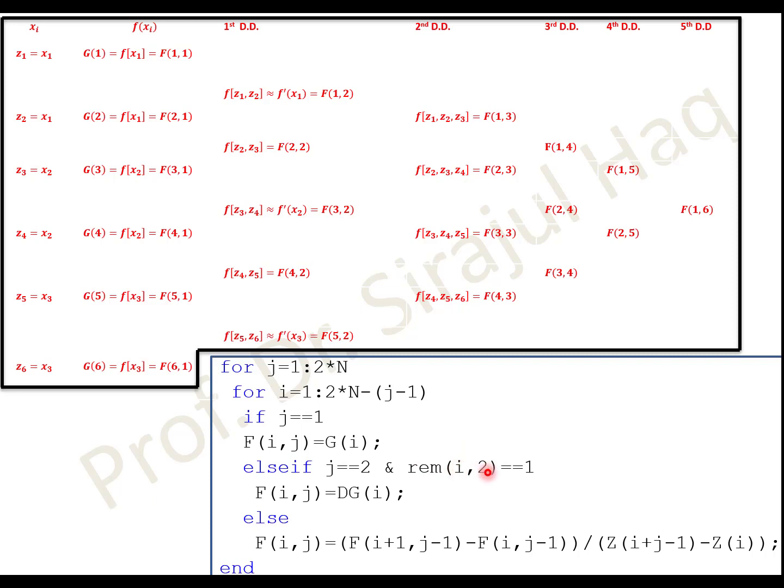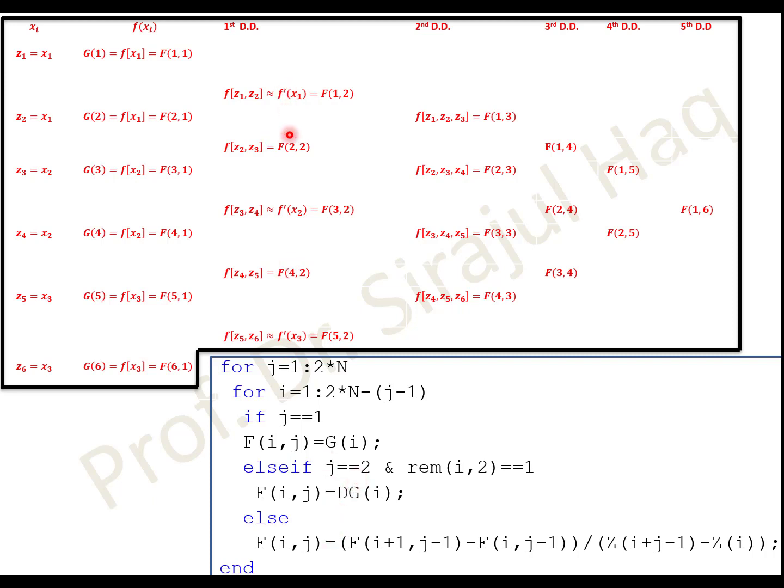When i is 1 and divisor is 2, the remainder is 1. So that's the reason it says that take this value f(1,2) is equal to dg. If you remember, this was the derivative of the function at x is equal to x1. So it will replace f(1,2) by derivative of the function at x is equal to x1.